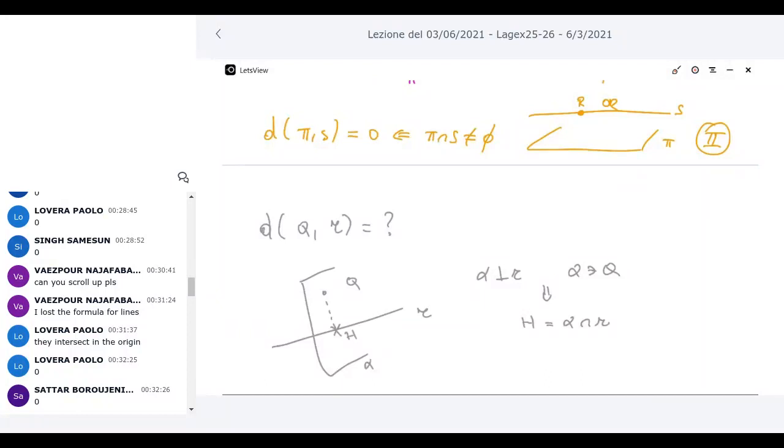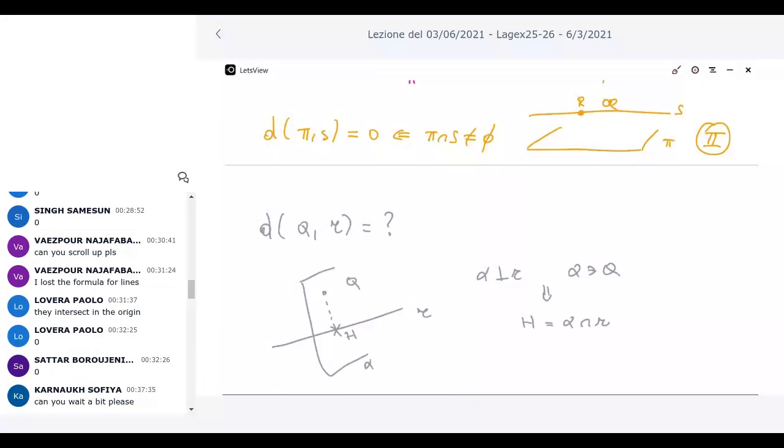Okay, I'll give you 1 more minute so you can finish your computations. If you manage to have point H, it would be already good enough.